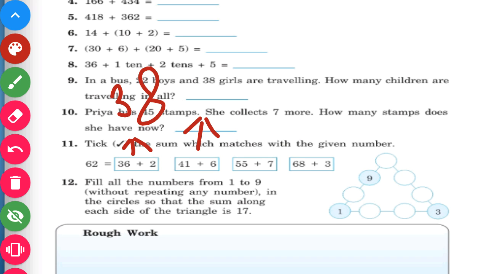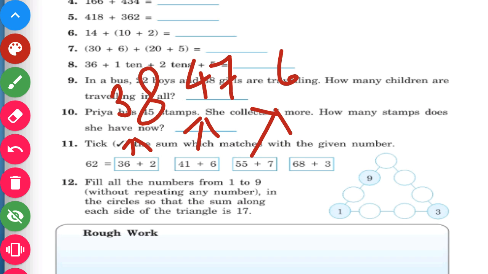Count after 41: 42, 43, 44, 45, 46, 47. Now 55 plus 7. Count after 55: 56, 57, 58, 59, 60, 61 and 62.